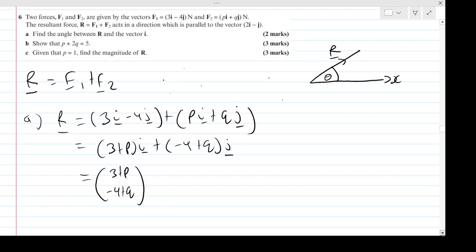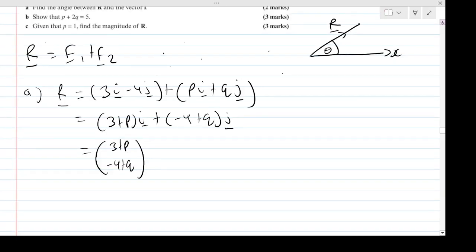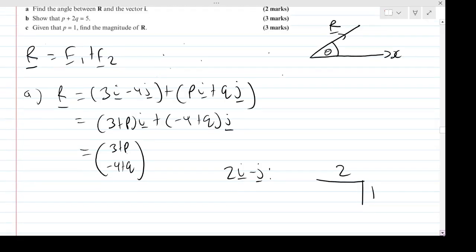If we plot this vector 2i minus j, it's going to be 2 across, then 1 down, because it's minus j.